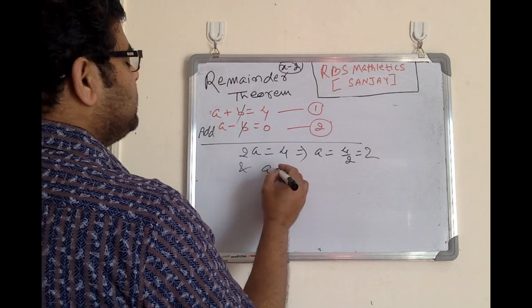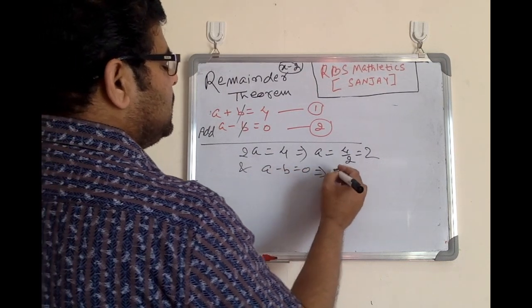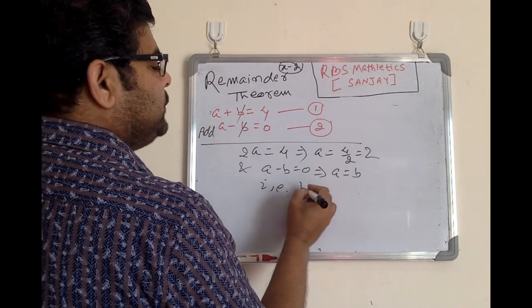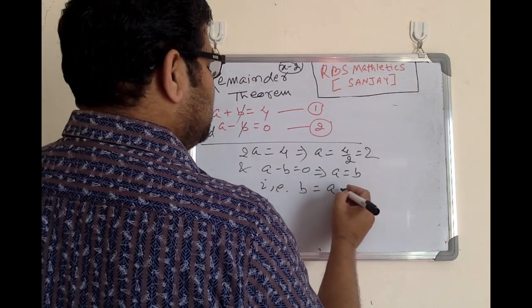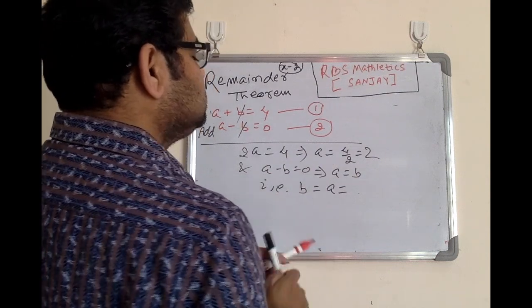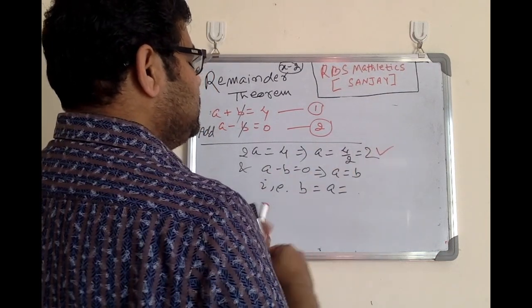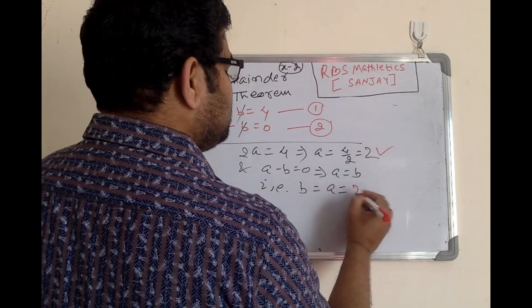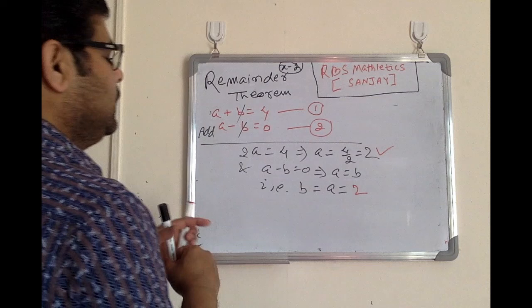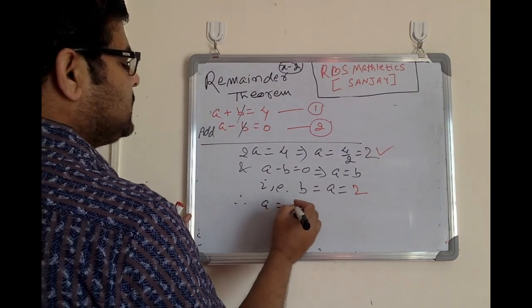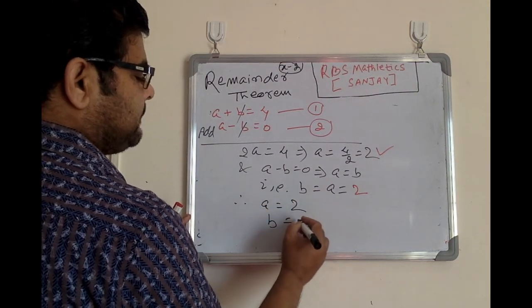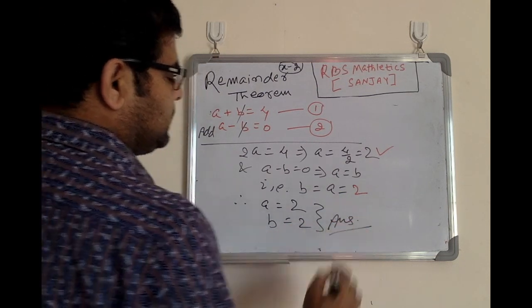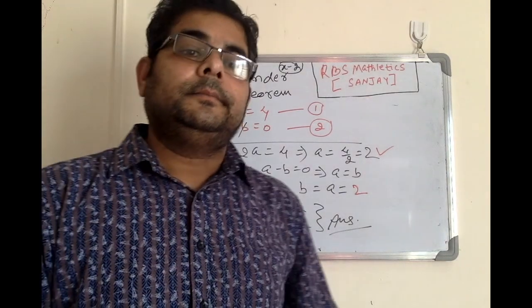And since a minus b equals 0, it gives you a equals b, that is b equals a, and the value of a we have is 2, so b is going to be equal to 2. Therefore the value of a is 2, and also the value of b is 2, and these are the answers. Okay, that is all for now.